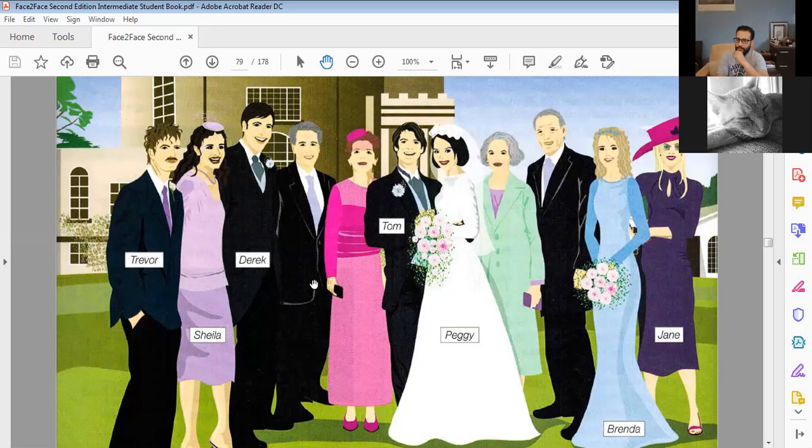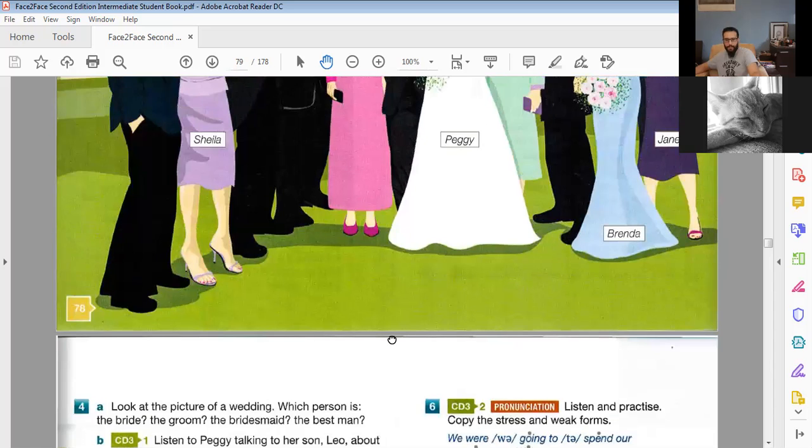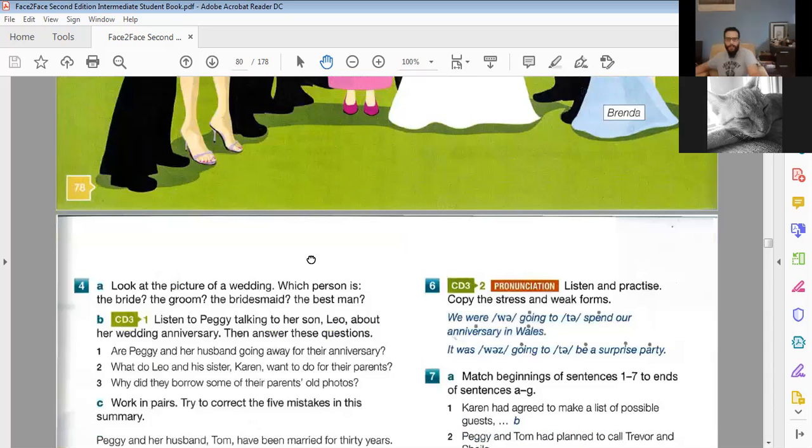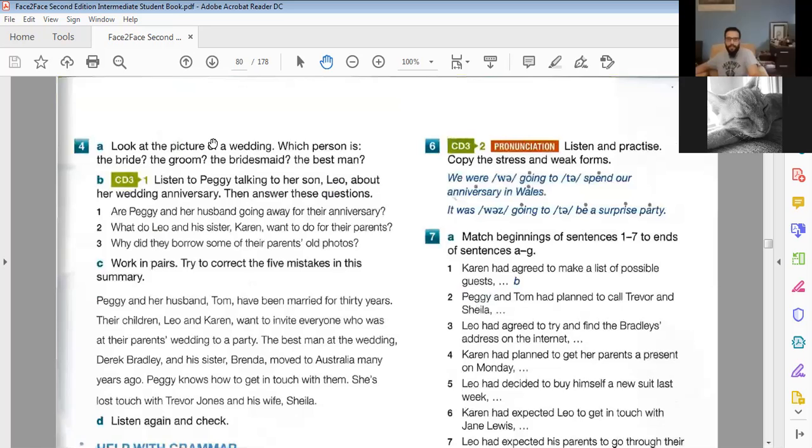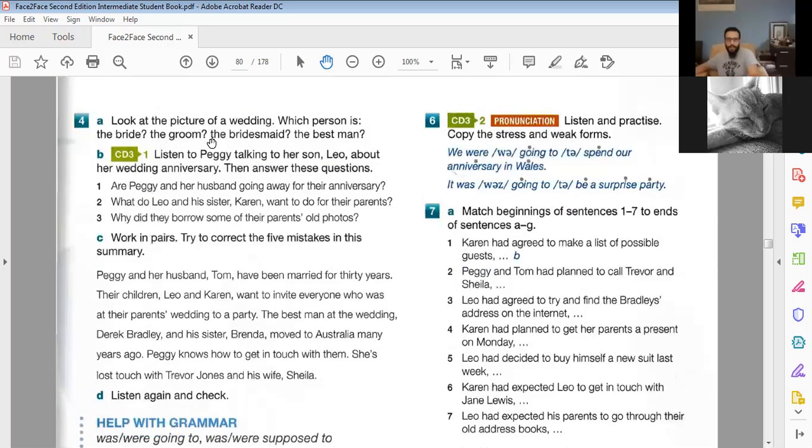Trevor, Shayla, Derek, Tom, Peggy, Brenda, Jane. Okay, so let's find out about these people. It says here in the question, which person is the bride, which person is the groom, which person is the bridesmaid, and which person is the best man?